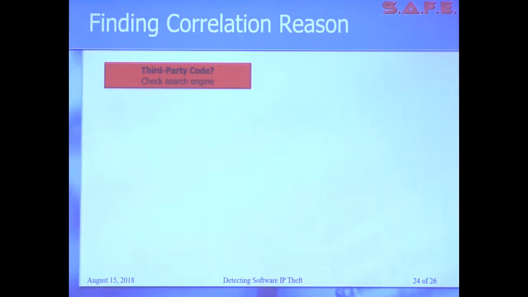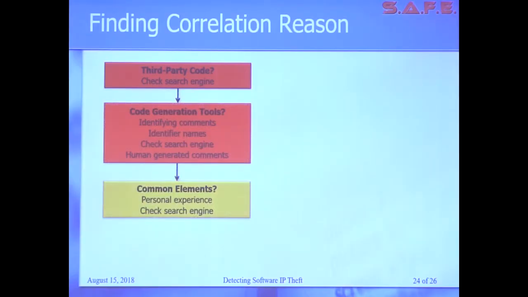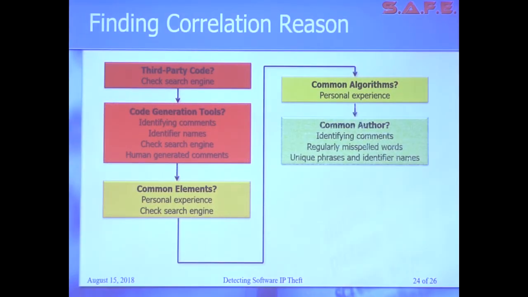So what we do is, here's a flow chart. We actually check for all these things. And now we have a tool called Source Detective, which is connected to the Bing API. Google doesn't offer an API. Yahoo did, but we're not sure how long Yahoo's going to be supporting that. But Bing has an API, so our tool goes to the search engine.